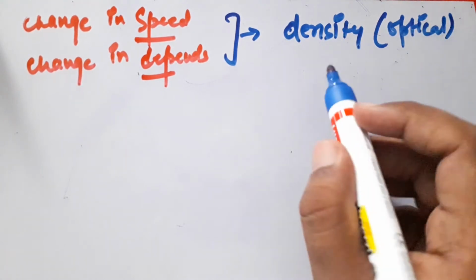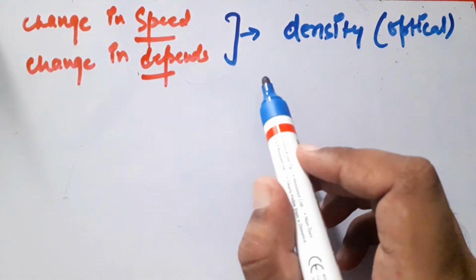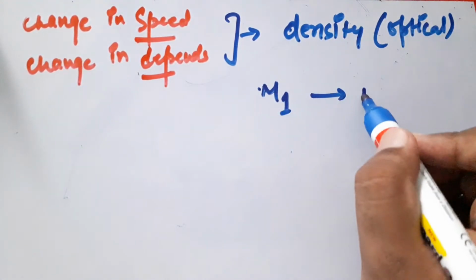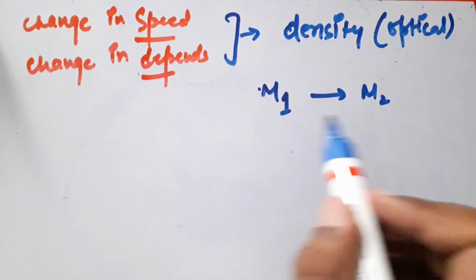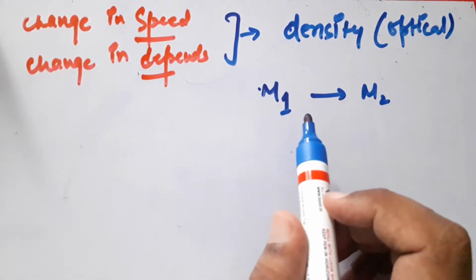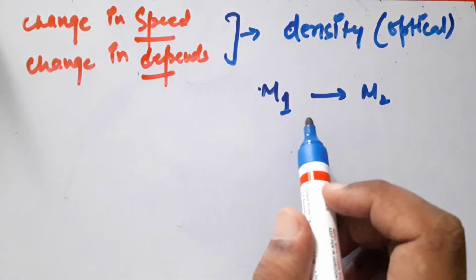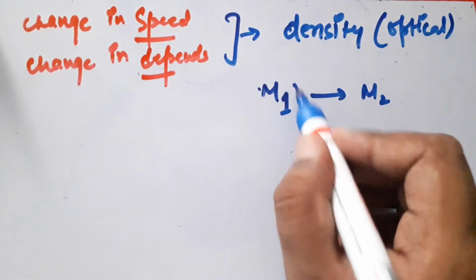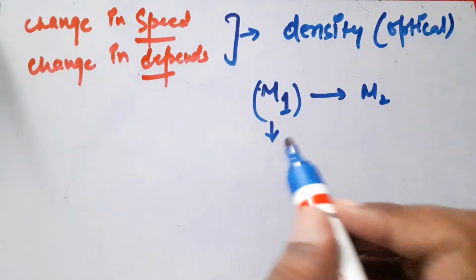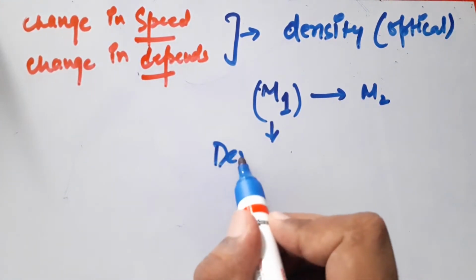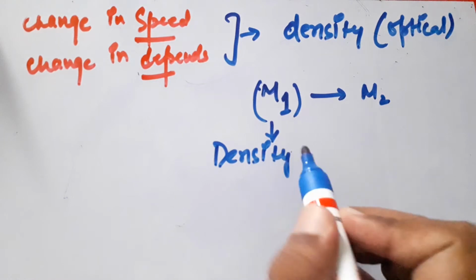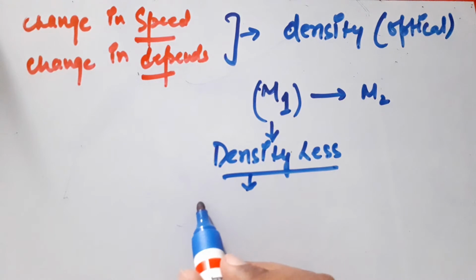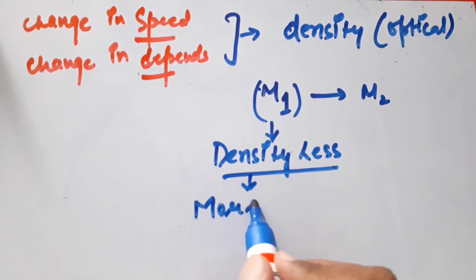Whenever a ray is passing from medium 1 to medium 2, what is happening there? There is a change in speed because of their densities. So where density is less, speed of light will always be more.